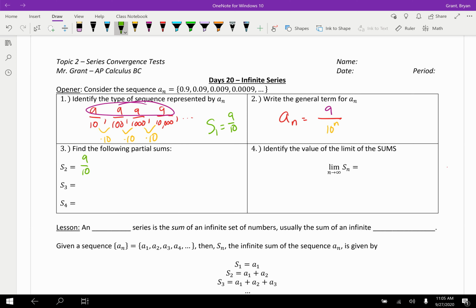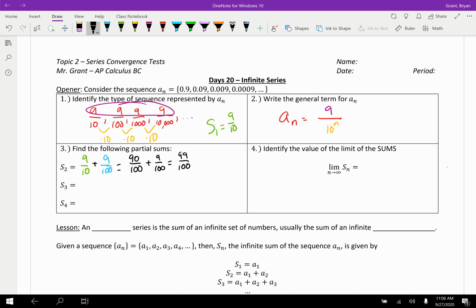The first term is 9 tenths, and the second term in our pattern is 9 one hundredths. We need like terms, so we multiply by 10 to get 90 one hundredths plus 9 one hundredths, which is 99 one hundredths.